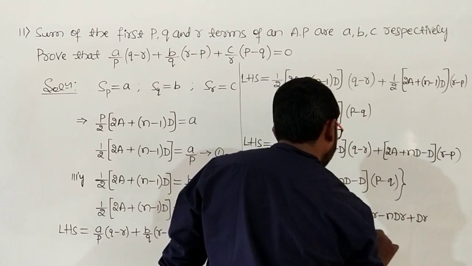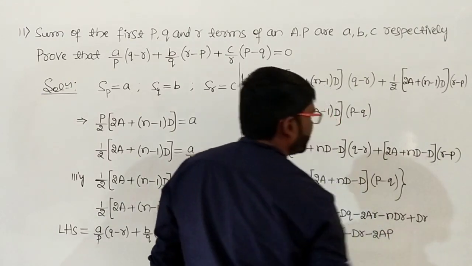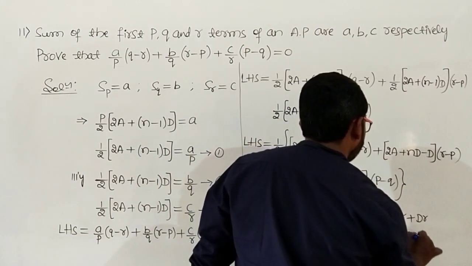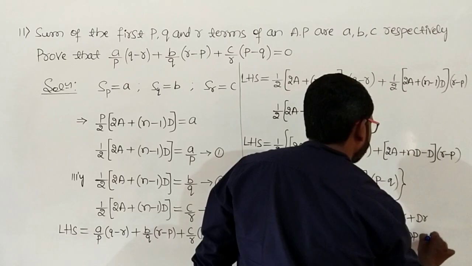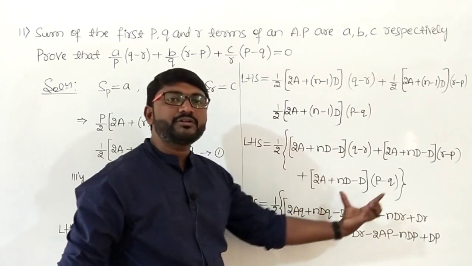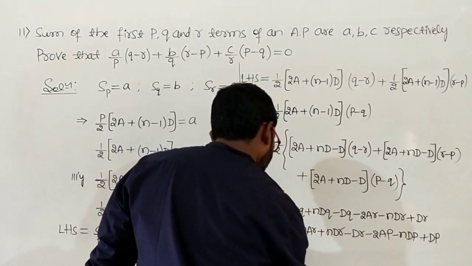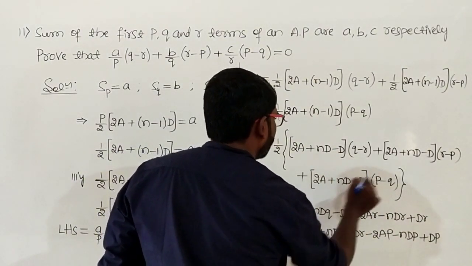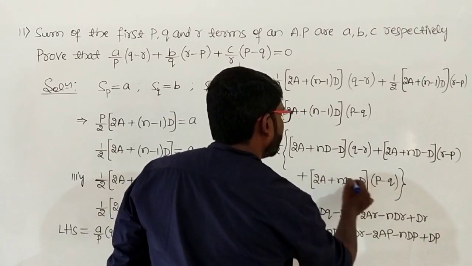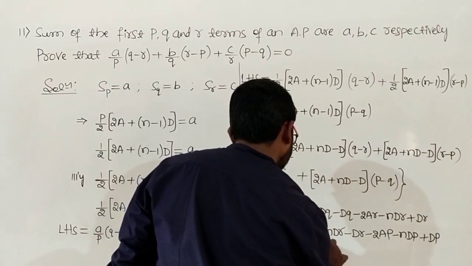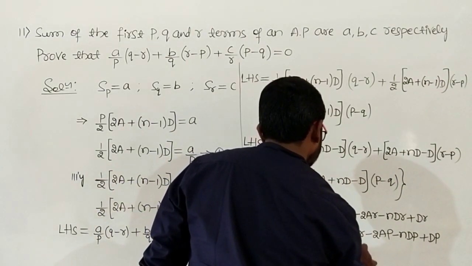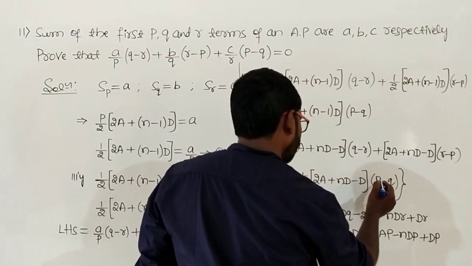You get minus 2ap, and then minus ndp, and then minus into minus plus dp, and then we have to multiply these two terms as well. So now plus 2ap, then ndp plus ndp, and then minus dp.